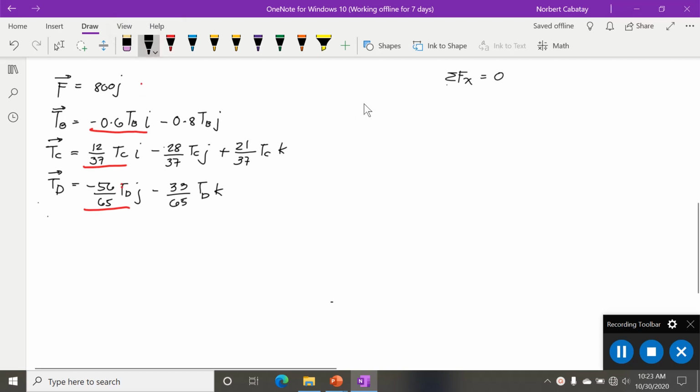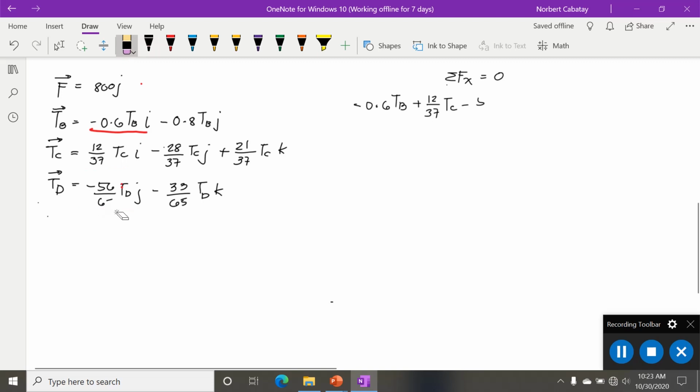negatives. So, you have negative 0.6 T sub B plus 12 over 37 T sub C. Then, negative 56, wala na pala. Dalawa lang yung may i.